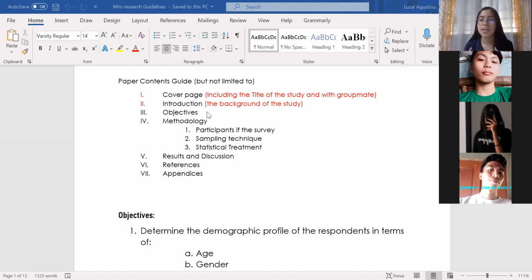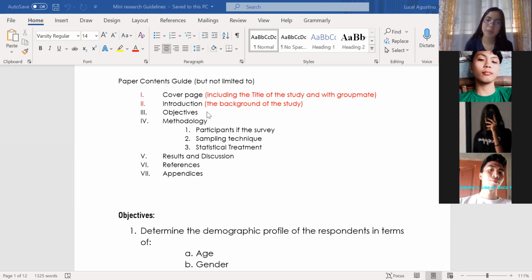So depende sa inyong sampling technique, amo na inyong assignment. You don't need to answer the question nga who are the respondents. You just focus on how many respondents and how they are selected. So in paragraph form dara ang sa sampling technique.